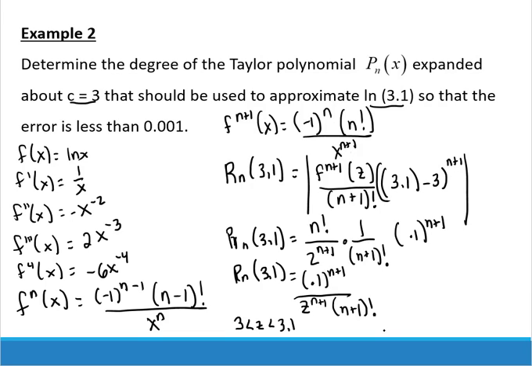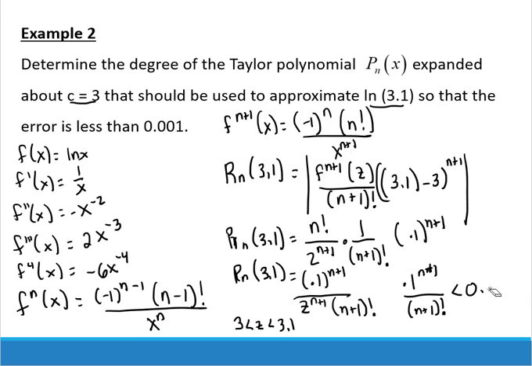I need this error, this 0.1 to the n plus 1 over n plus 1, because I'm looking for the term number to be less than 0.001.